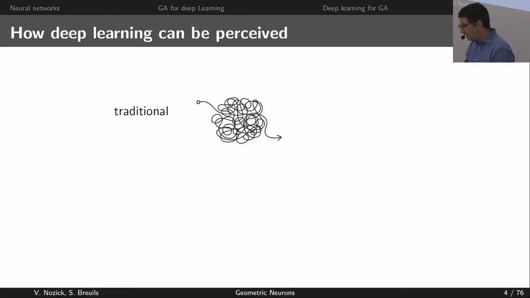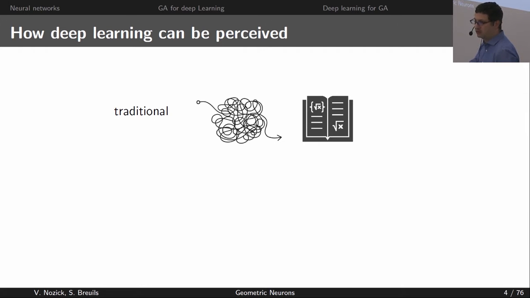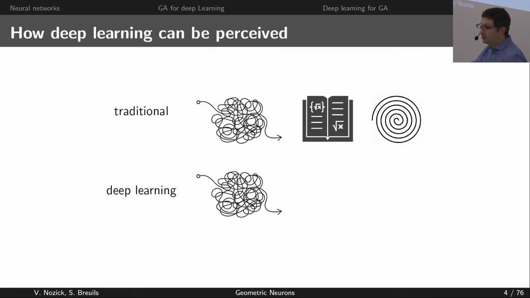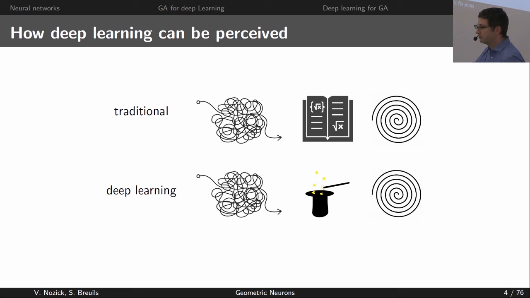Okay, so right before I start, I like to think a bit about how we perceive deep learning. Usually when we have a problem, the way to solve it, especially in our community, is just to take a book, some equation, work hard, and find the solution. And it comes out that if you use deep learning, sometimes, not every time, the way we perceive it is just magic.